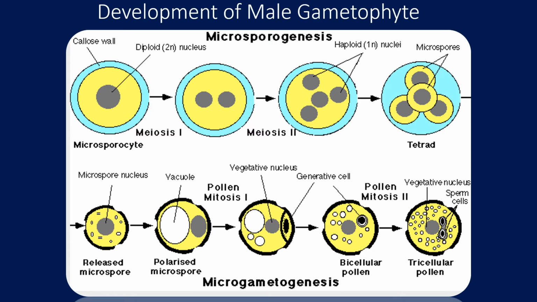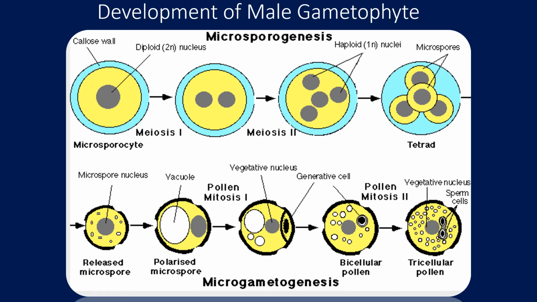After separation, each microspore is released from the tetrad, and with further increase in the flow of nutrients into the microspore, it increases in size and becomes highly vacuolated. The nucleus becomes displaced to one side and undergoes mitotic division to form two unequal cells.